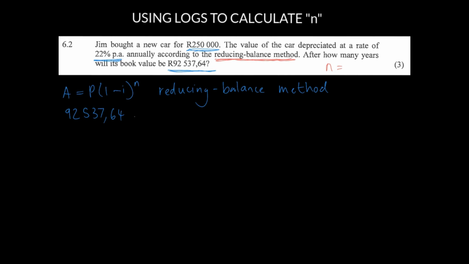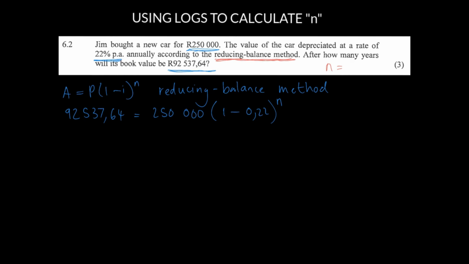That's what we're going to calculate, having cost 250,000 Rand initially. It is depreciating at a rate of 22%, so we would write that as follows. And then the question is asking us to calculate after how many years this is going to happen. So the implication is we need to work out the value of n.